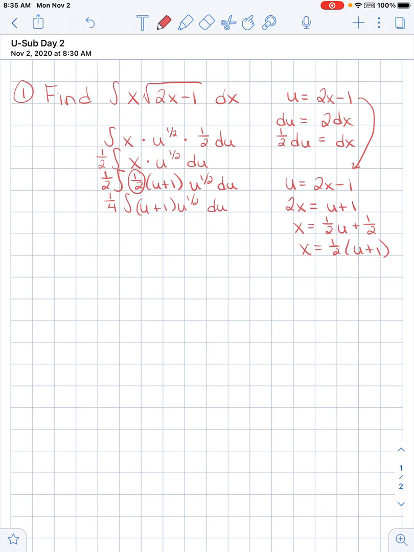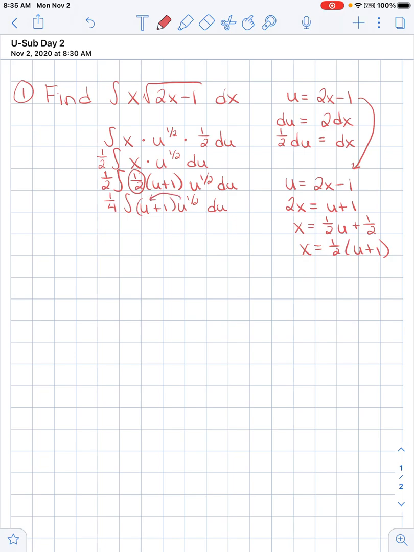We still have a little bit of an issue here because we don't know how to find an antiderivative of a product like that. So we cannot just find the antiderivative of each one of those separately. There's no antiderivatives for a product. I'm saying it again, there is not an antiderivative for two things that are being multiplied together.